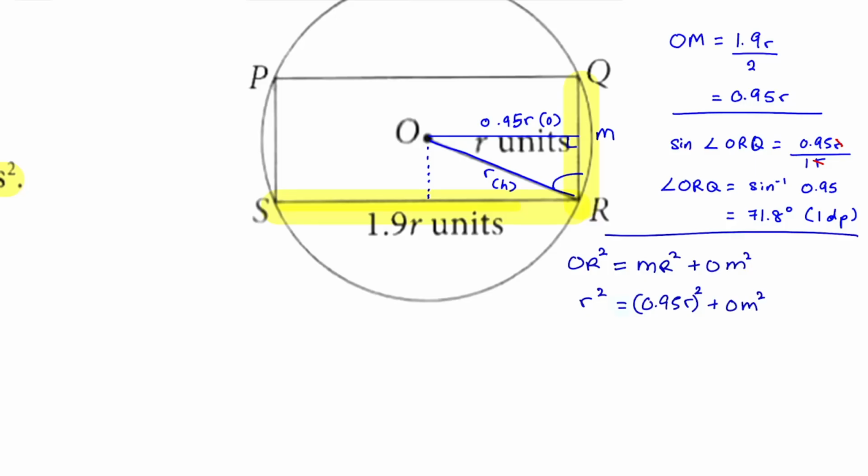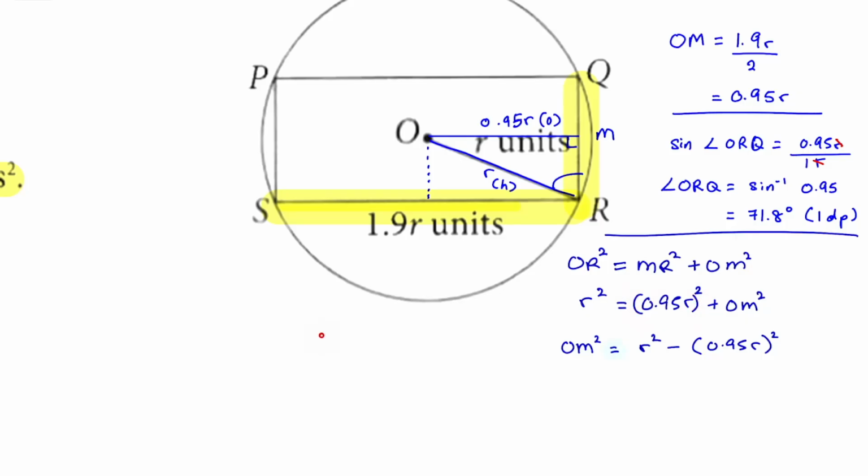Then let's make the other square the subject, so we have r square minus bracket 0.95r bracket square. One question you may have is, why do I need a bracket over here?